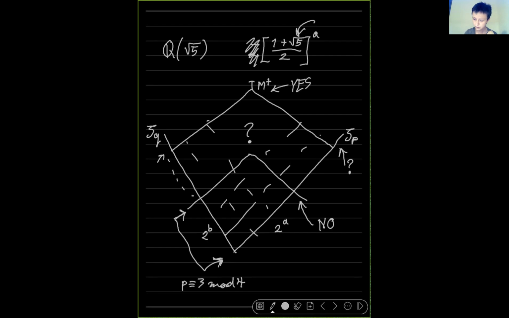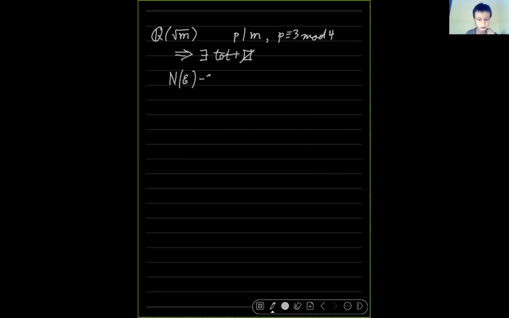Yeah, on the quadratic side, down near the bottom here, if you have something like this, and then some prime divides M, where the prime is congruent to 3 mod 4, then you've lost one of those sides of the diamond, and suddenly we know that there exists one of these totally positive non-square units, because it's going to have some fundamental unit, and the norm of that fundamental unit is minus 1. I mean, it's going to be 1. Excuse me.